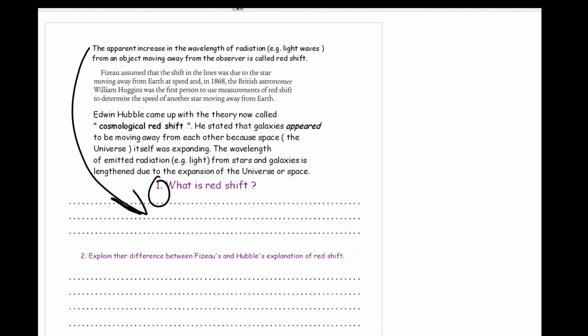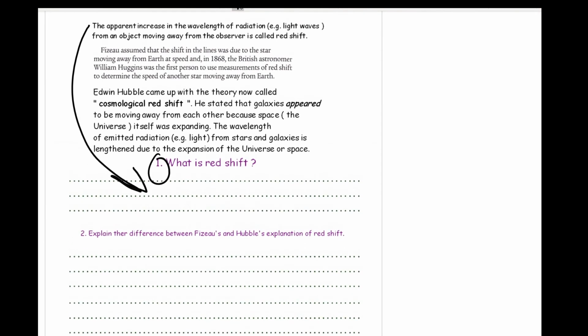What's the difference between Fizeau and Hubble's explanation of redshift? Well, Fizeau thought that stars and galaxies were moving away from each other at high speed, which seems a reasonable explanation.